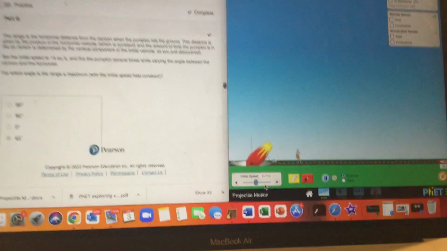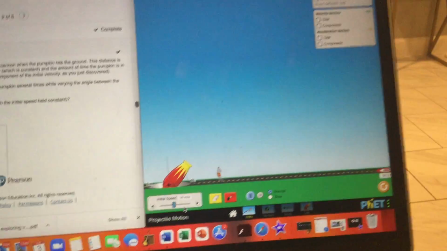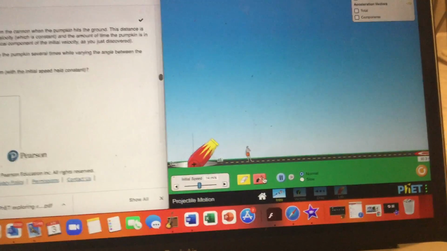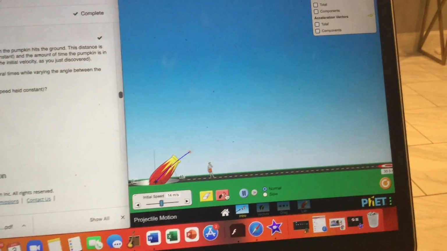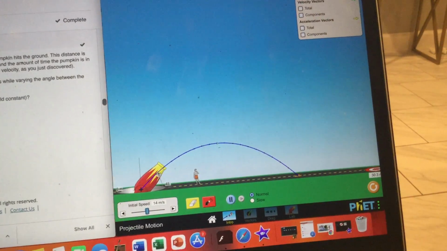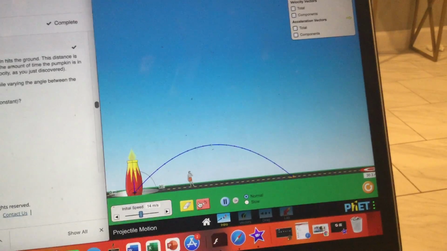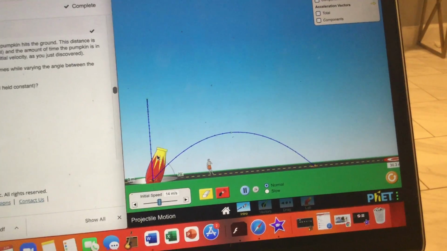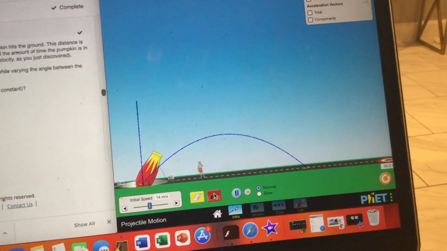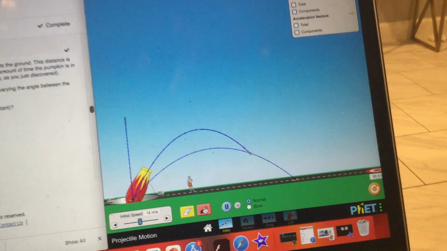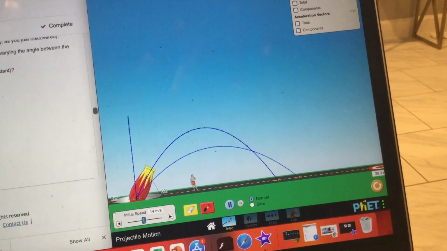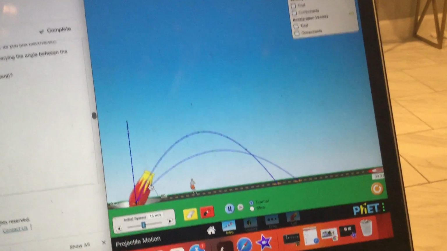Okay, so now we will do multiple trials. We'll do one at 45, do one at 90, do one at 60, do one at 30.